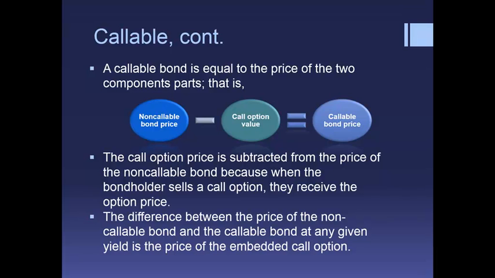Now, the investor actually doesn't sell the option to the issuer, but it is analogous to that. So looking at these pieces helps us value this bond with a call option, because we can look at it in terms of cash flows as if it was non-callable, and then look at the value of the option and then come up with the callable bond price.